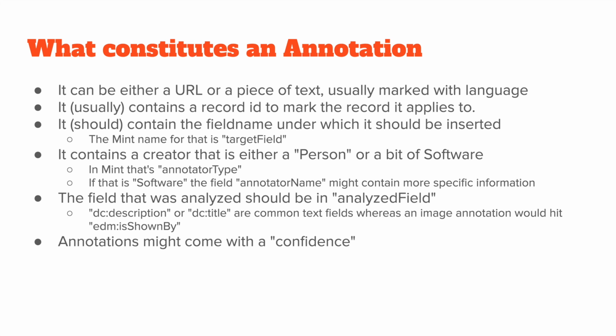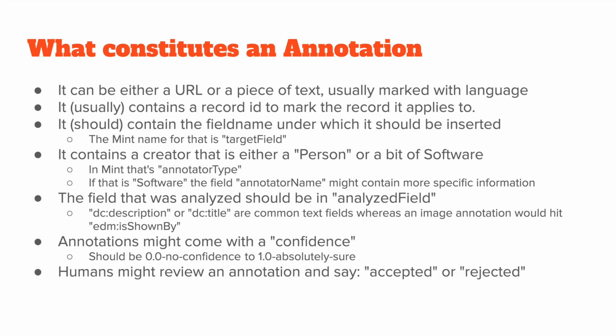Annotations are usually done with some form of confidence attached to it. Either the algorithm or the person that did the annotation is not confident at all, that's a 0, or is absolutely sure, that's a 1.0. And finally, annotations, when they were created by a software, are sometimes reviewed by humans, which may say they accept or reject the annotation.